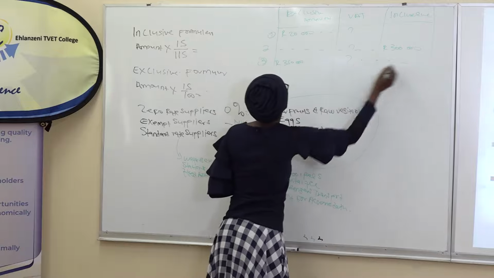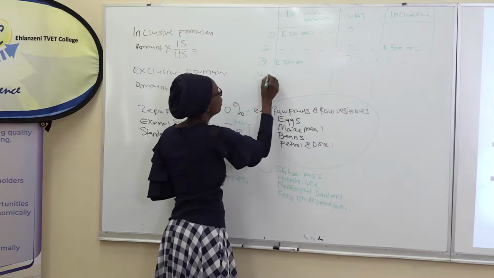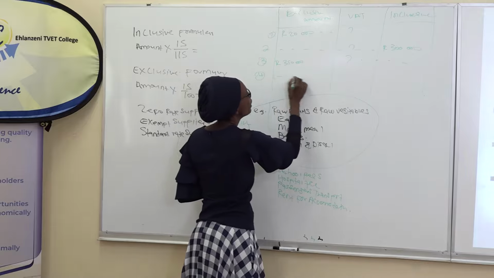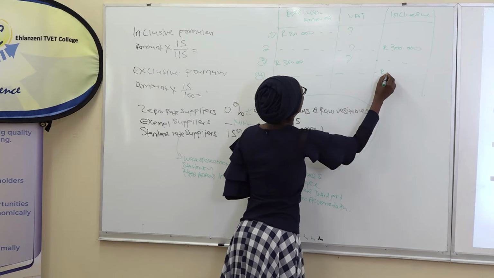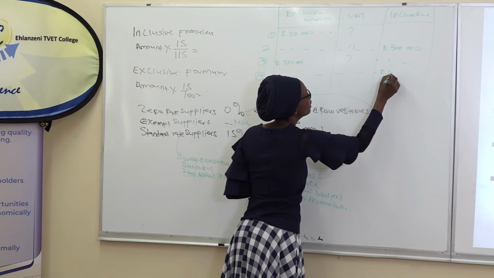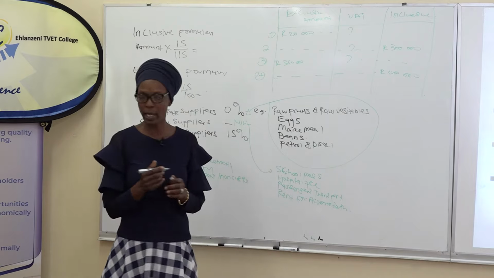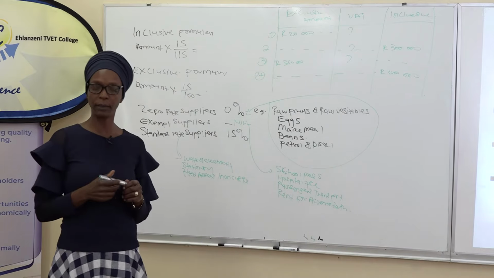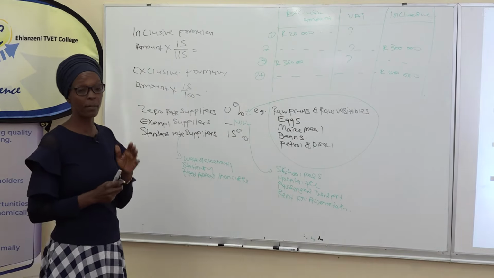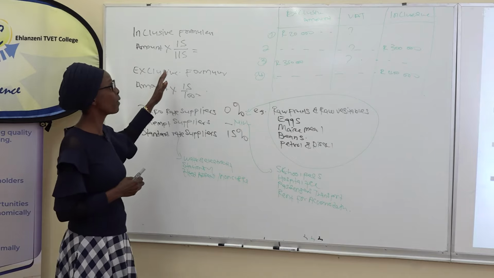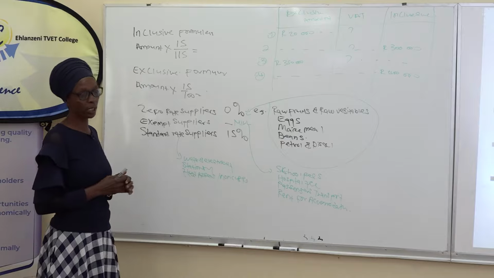Then number 4, let's have the inclusive amount now: 400,000 rand. Then they said, calculate VAT. You must firstly remember the formula, as we have got the inclusive formula and the exclusive.